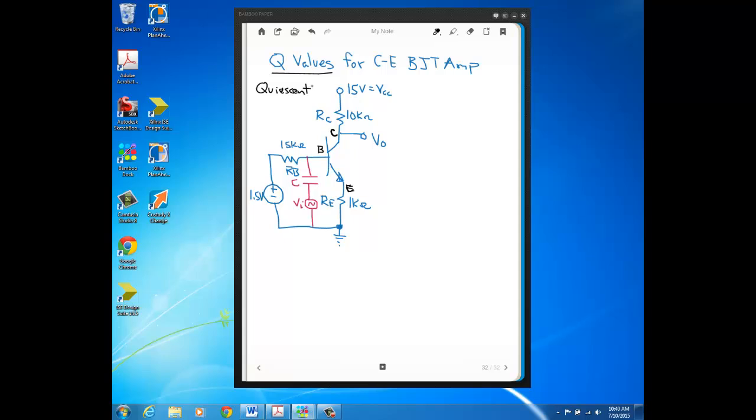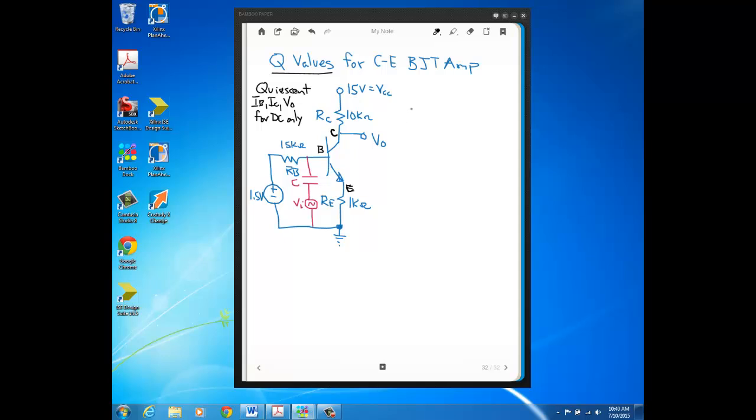So we're going to find the quiescent values, which are the base current, collector current, and V0 for DC only. When we find these Q values, we ignore this AC source. In fact, we're going to ignore the capacitor and the AC source in this analysis. That's why I put them in red.